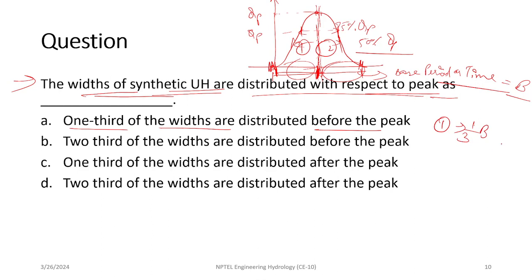In the sense it will be B/3. Am I right? This option is saying like this, right? And yes, correct. If I am taking the other part, the other part will be what? It will be 2/3 of B.